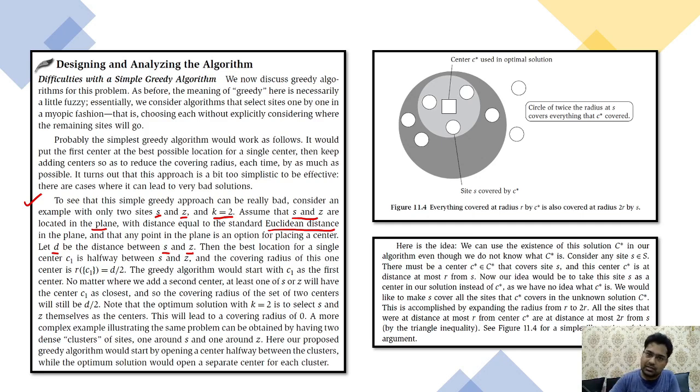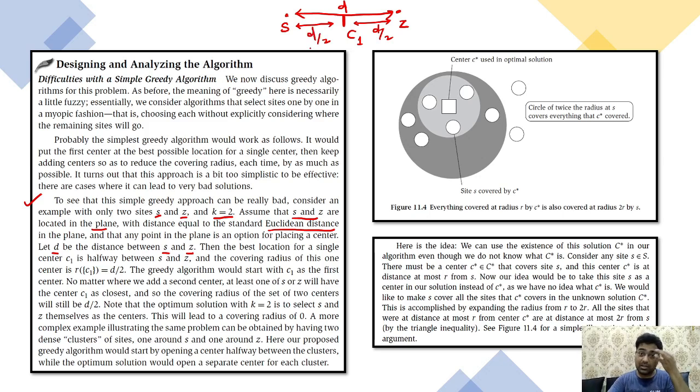Next, suppose I want to find the best location to place one single mall between S and Z. What I will do is keep a midpoint, named C1. Suppose the distance is D. Then the distance from this end and from that end will be D by 2 and D by 2.